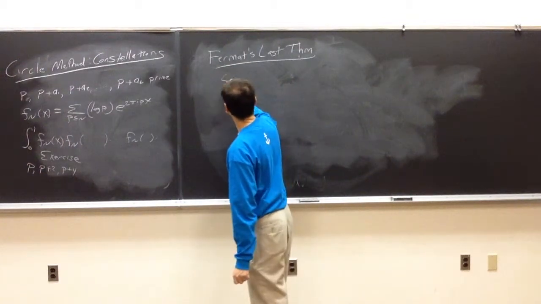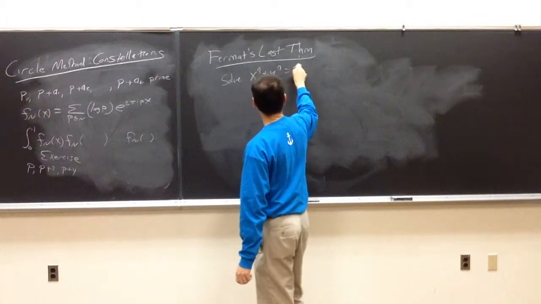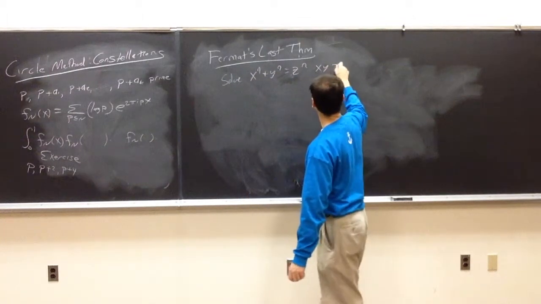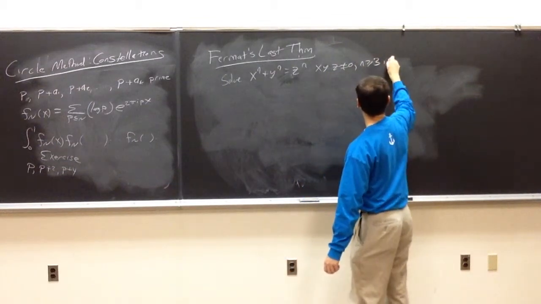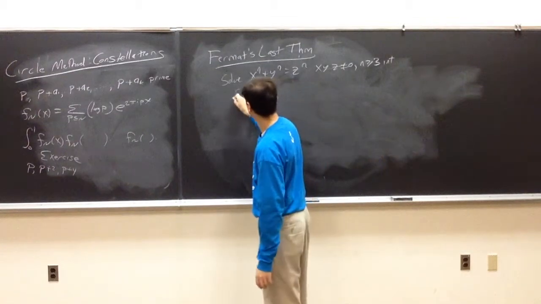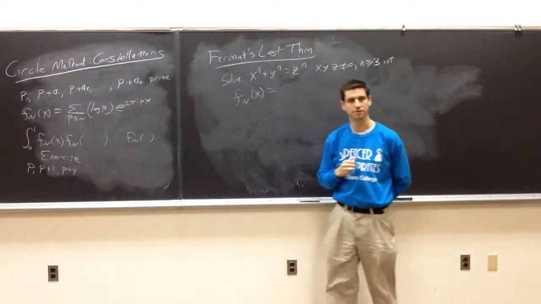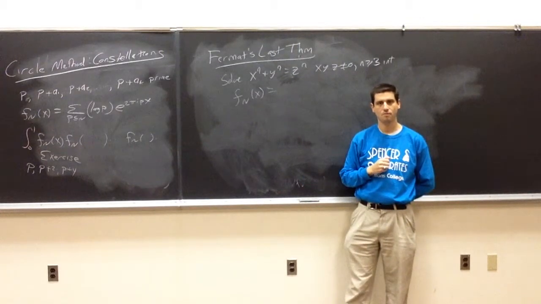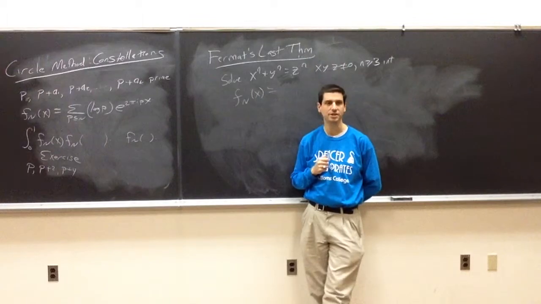Okay, so solve x to the n plus y to the n equals z to the n, x, y, z not equal to 0, n greater than or equal to 3 an integer. The first thing we want to do is find a function. What should our function be? Before we were doing the sum of log p e to the 2 pi i px.